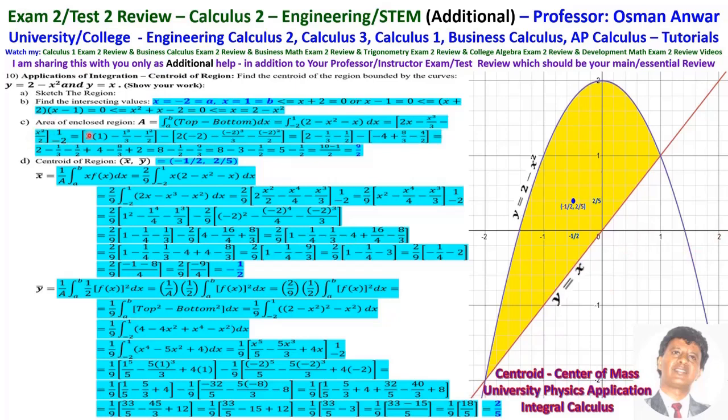Then we need to find the area of the enclosed region, and the area is the integration from A to B, the top curve minus the bottom curve dx.